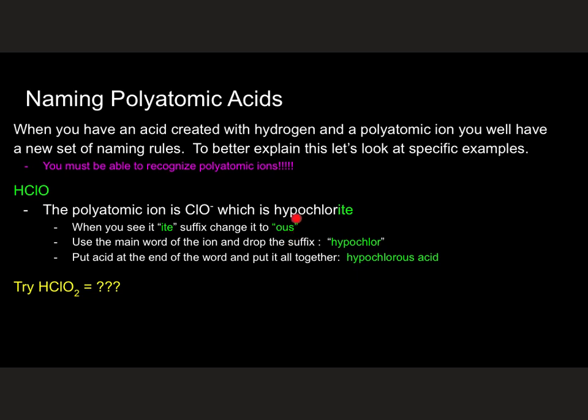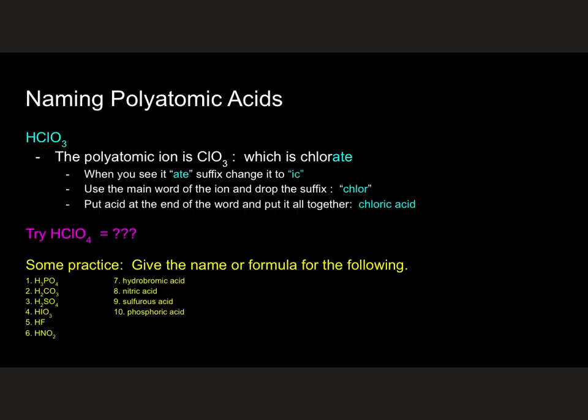So we're still using the main part of its name, its polyatomic name. So hypochlor, we're just making it hypochlorous. And then we add the word acid at the end, and it's that simple, hypochlorous acid, right? Now notice that hypo is not a prefix this time, that's just part of the overall name of the polyatomic. This is hypochlorite, right? So hypochlorous acid is just hypochlorite bonded with a hydrogen molecule.